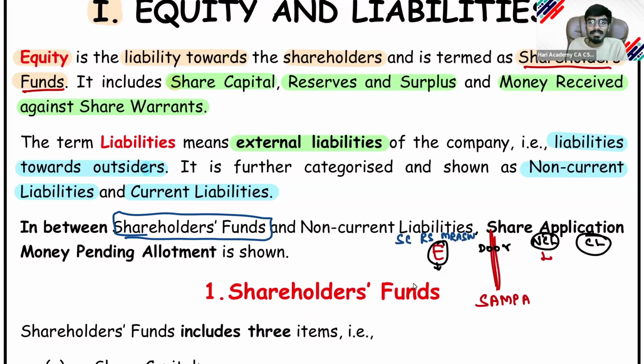The second item will be SAMPA. The third item will be non-current liability. The fourth item will be current liability.